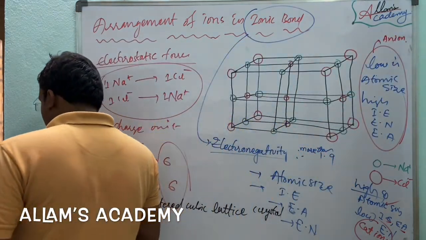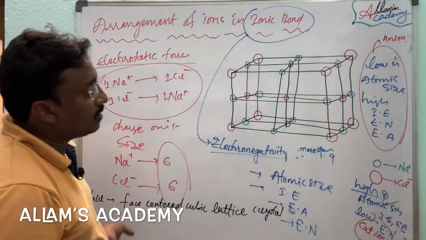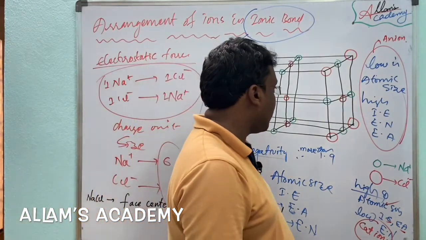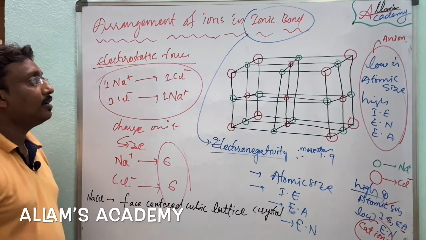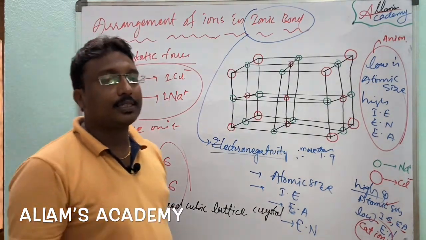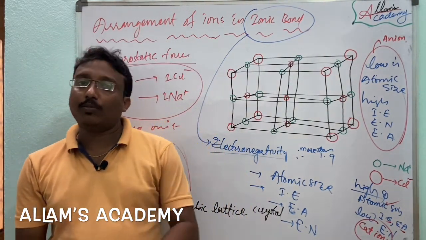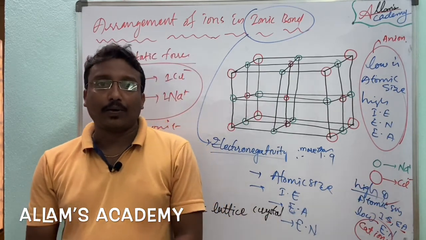This is today's concept. These are the factors affecting the ionic bond. Then in our next class we are going to discuss the covalent bond, one more type of bond. Okay, thank you.